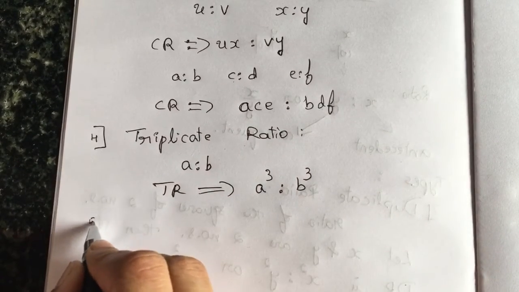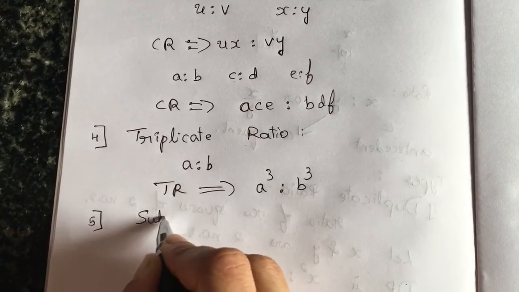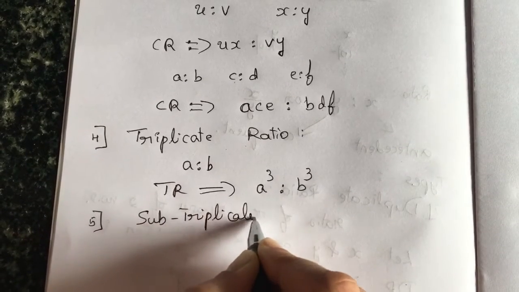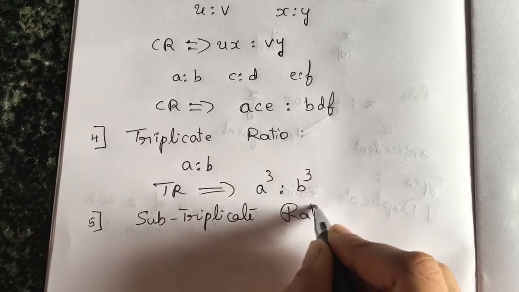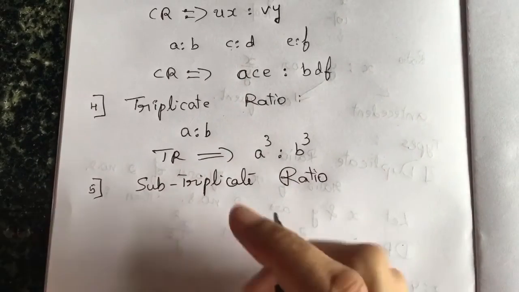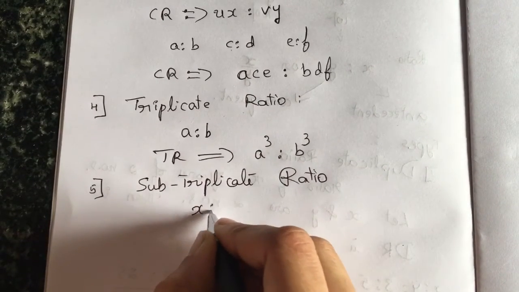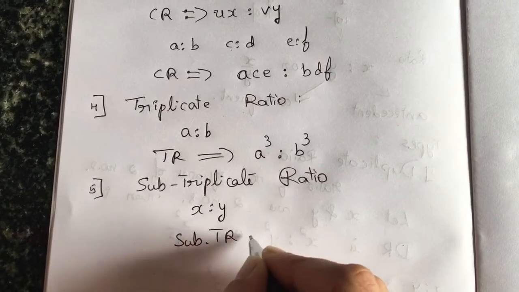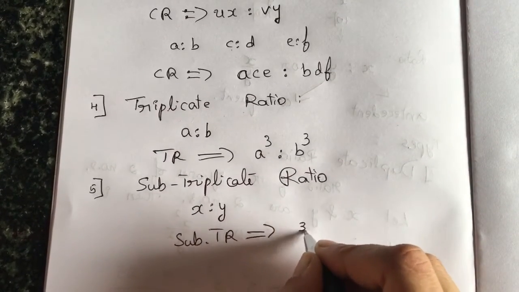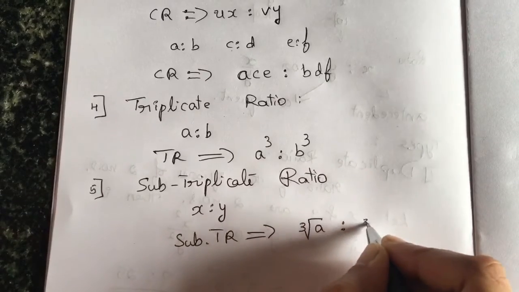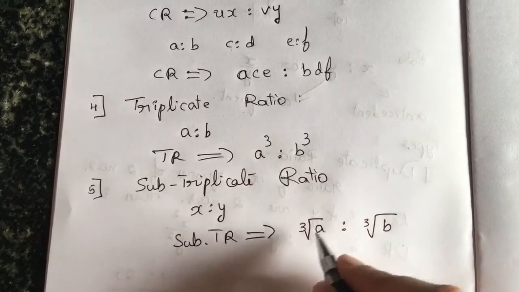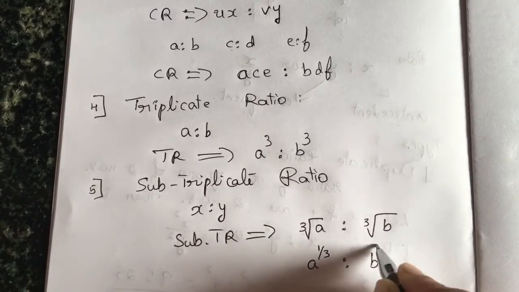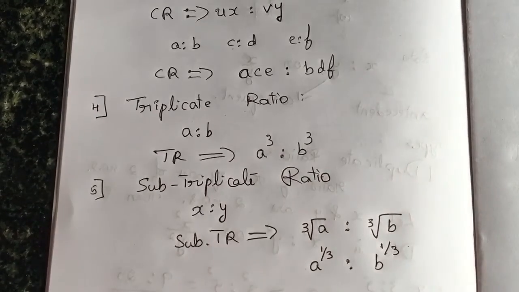Similarly, subtriplicate is nothing but the cube roots. The subtriplicate ratio is cube root of a is to cube root of b. This is the same as writing a power 1 by 3 is to b power 1 by 3.